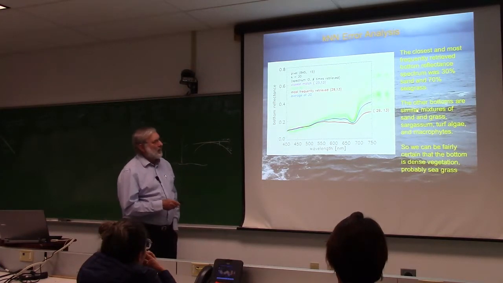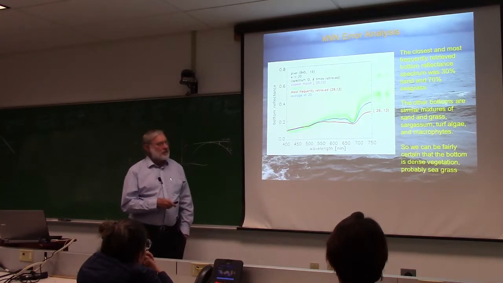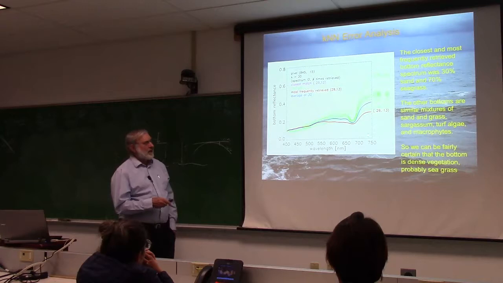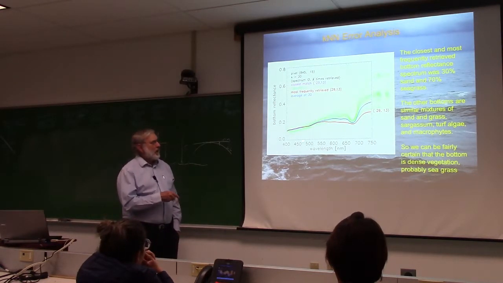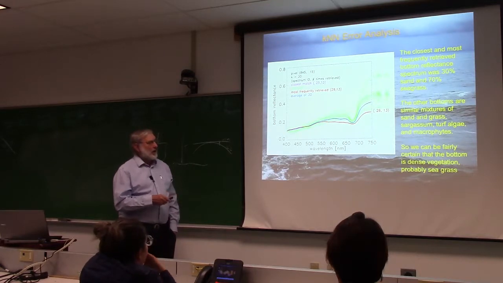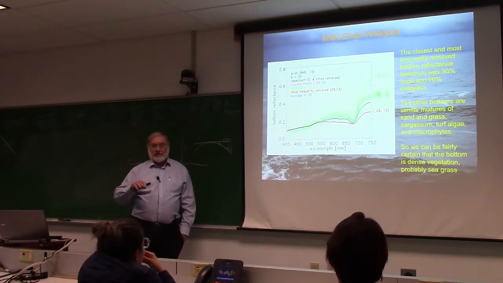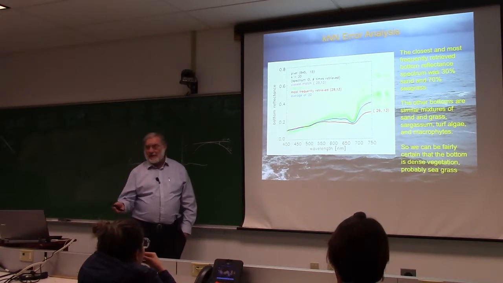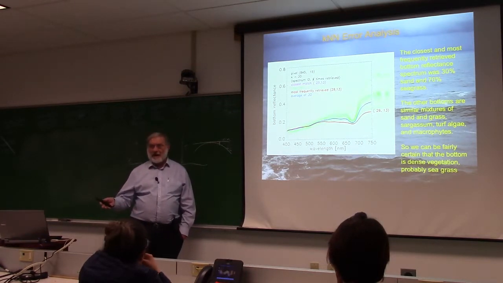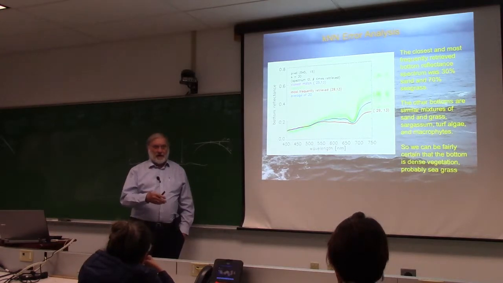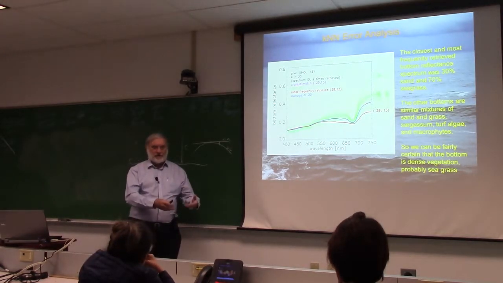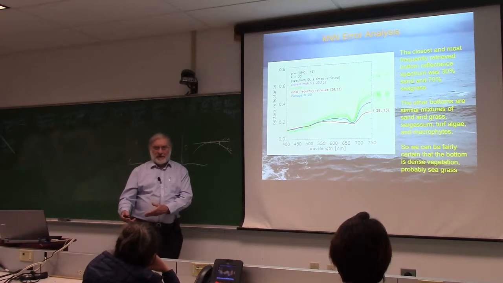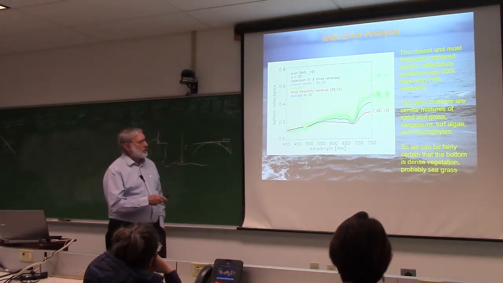And the other spectra here are also mixtures of sand and grass, sargassum, turf algae, macrophytes, etc. So I'm pretty confident that whatever was on the bottom here was fairly dense vegetation, probably seagrass. It could have been something that has a spectrum like seagrass. It's hard to optically tell a green seagrass from a green something else, but we're pretty sure what the bottom type is.